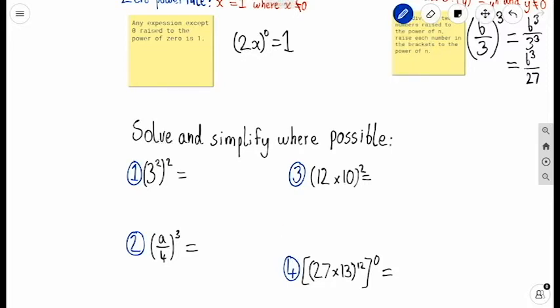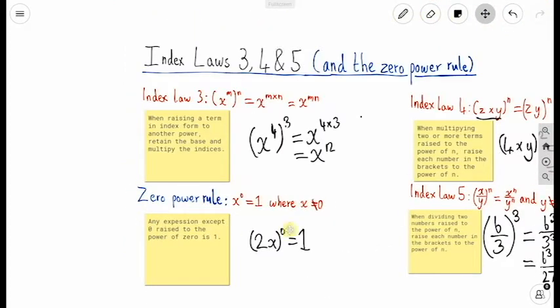I'll do this in blue so it's easier for you to understand. 3 squared in brackets and then squared again. So according to index law 3, as we can see up here, we just have to multiply the m and the n and retain the x.